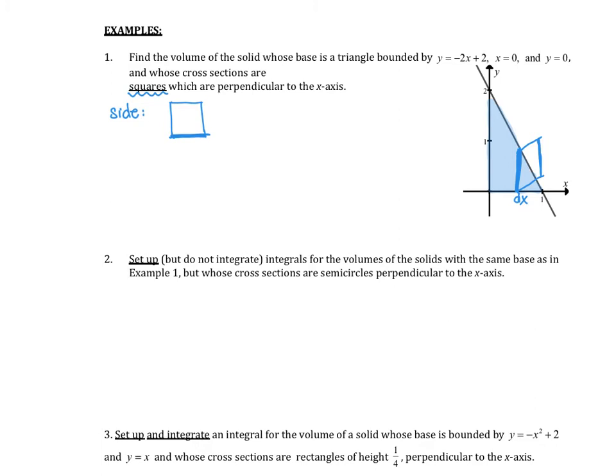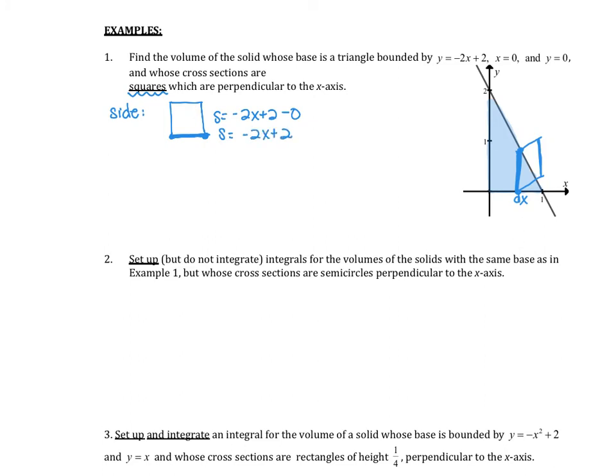Now, this dimension starts at the equation negative 2x plus 2, and then I take away 0 because of the x-axis. So my side length, we'll call this S, is negative 2x plus 2.